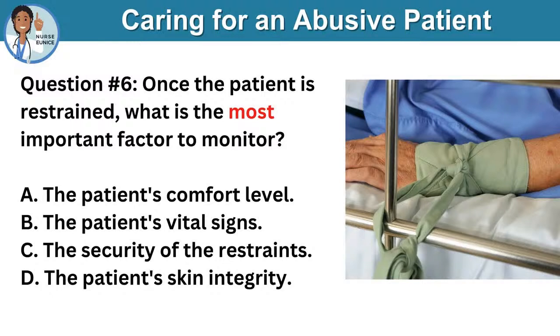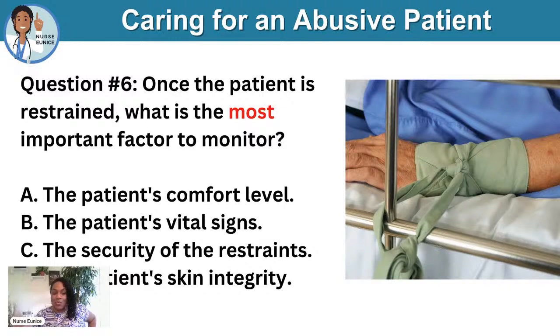Once you restrain someone, and I have not seen the correct response yet, once you restrain someone, yes, Merlene, you increase their chances of death and disability. Because as soon as you restrain them, what is their goal? Their goal is to get unrestrained. Their goal is to get up.